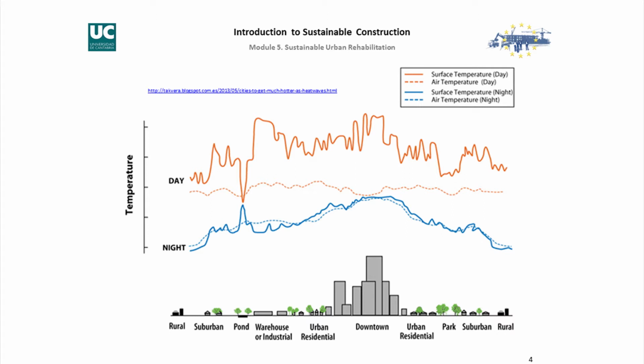But another cause of this problem is the lack of water in the city centers, the lack of water bodies that help to regulate the temperature in a natural way. And this also means a very important energy consumption related with air conditioning during the summer. This is quite an important problem that is being considered in the most important cities in the world.